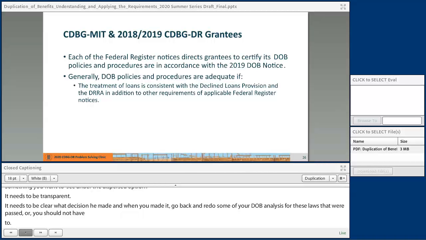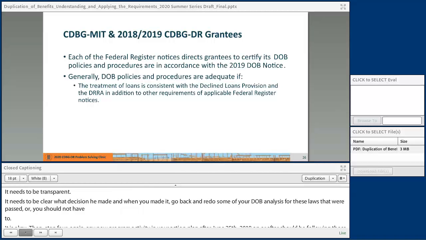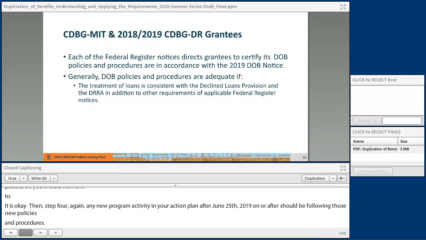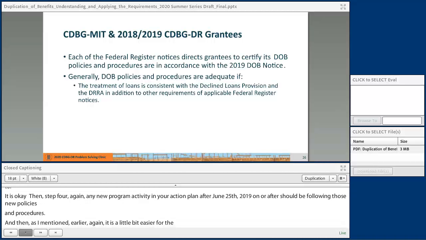And then, as I mentioned earlier, it is a little bit easier for our newest class of grantees, the 2018 and 19 DR grantees, you're just following the DOB notice.